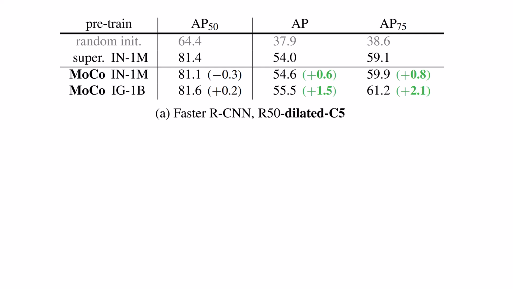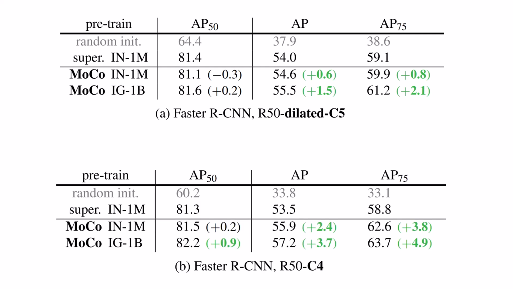We do not need any labels anymore for the pre-training stage, where we only do the pulling and pushing. So we can do this with the Instagram 1 billion images and then add the classifier at the end for object detection. And if we do that, we actually get 0.2% better compared to the supervised counterpart.